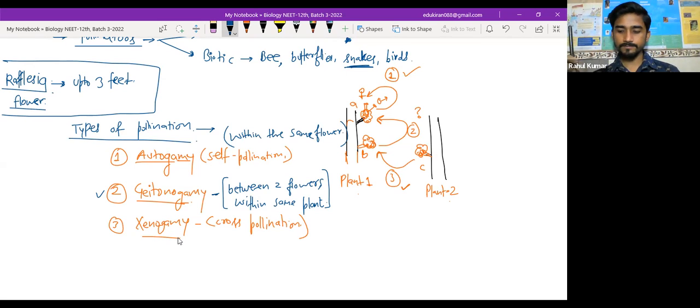In xenogamy, transfer of pollen grains from the anther of one flower. Can you repeat, sir?